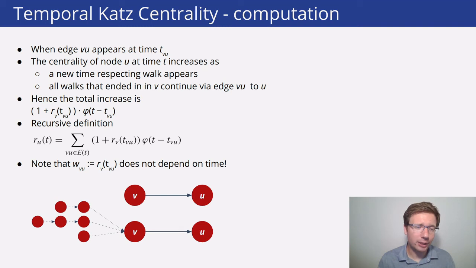When a certain edge, say VU, appears at time t, VU, then we may realize, as shown in the figure at the bottom, that the centrality of node U, since it is based on time respecting walks, will increase since a new walk, meaning the new edge V and U, will appear and will end in U. And also, besides that, all the walks that ended in V will continue via edge VU to U. So at the end of the day, the total increase will be as shown in the formula on the side, and this will pave the way for a recursive definition and an incremental computation of temporal cut centrality from edge streams.